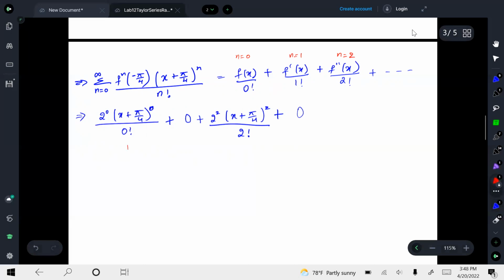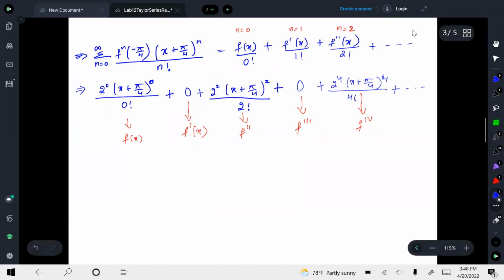So this term which we have here is f of x. And then we have f prime of x, and we have f double prime, f triple prime. And next we will be having f to the power of 4th prime. So that is given by 2 to the power of 4, x plus pi by 4 to the power of 4 divided by 4 factorial. Okay, plus so on.